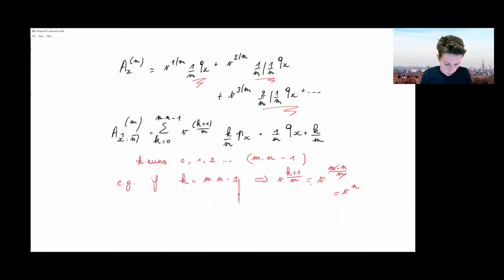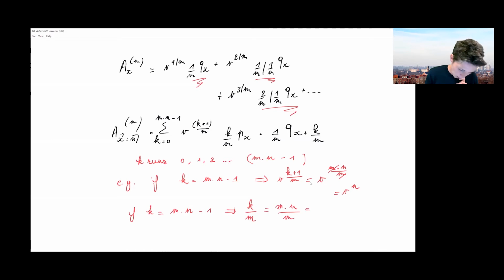If k takes this very last value in my sum, then my discount factor becomes v to the power n. If you try one other, so let's say that k is equal to, once again, m multiplied with n minus 1, then if we look at k divided by m, what we get is m times n minus 1 divided by m.